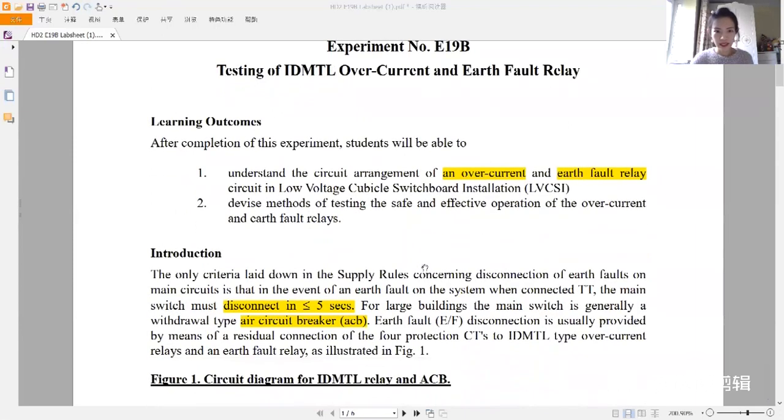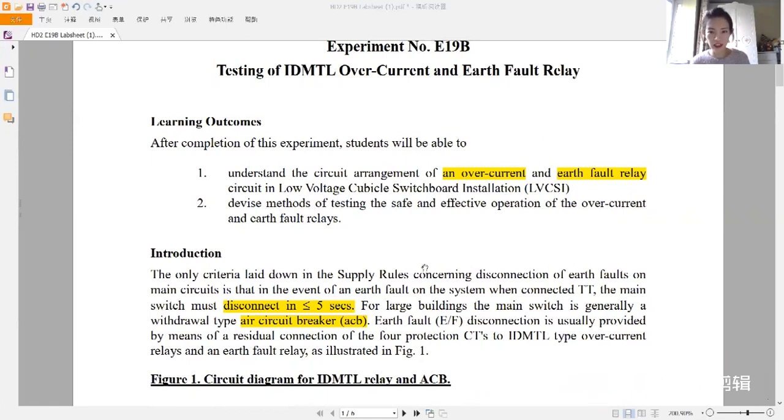Here in this lab sheet, we can see a brief introduction about this experiment. The only criterion laid down in the supply rules concerning disconnection of earth faults on main circuits is that in the event of an earth fault on the system when connected TT, the main switch must disconnect in less than 5 seconds. For large buildings, the main switch is generally a withdrawable type ACB.